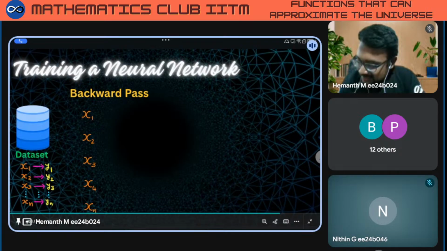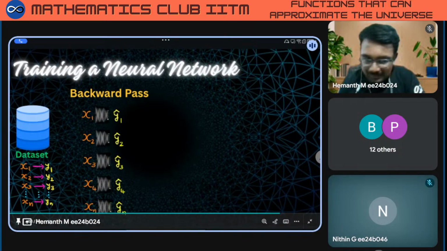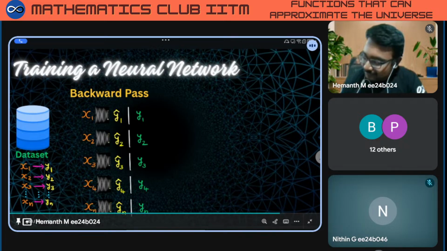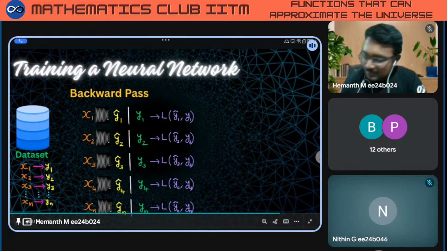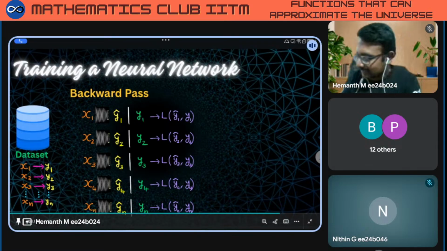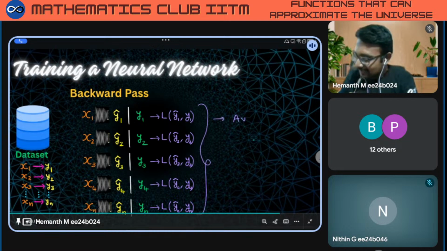So we take all these inputs x1 to xn, pass them through the network, and calculate all the predicted values. We already know the true values for all of these because they're in our data set. Then we evaluate this loss function for each pair of prediction and true value, and we take the average of all these losses.